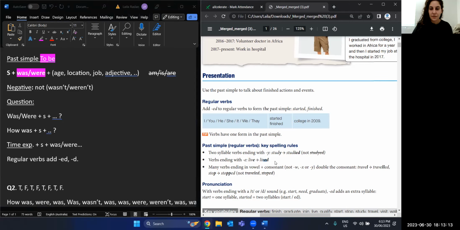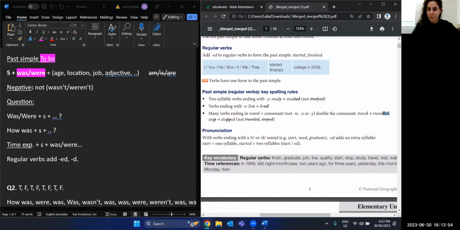And if the word ends in a P or an L, you must double the letter before you add the ED, because it has the vowel and consonant. So we can see there's an OP, so double PED, or EL, so double LED to the action. So that's some rules.